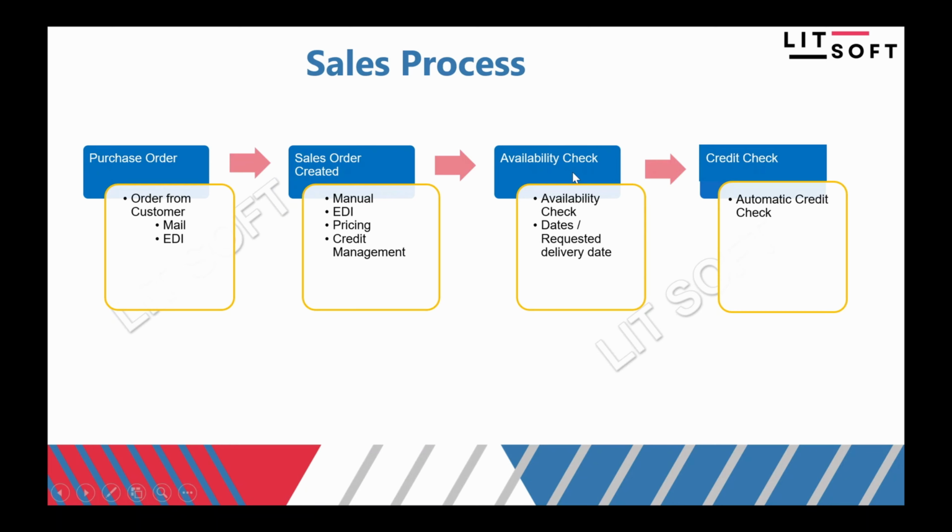Now within the sales order, we have a number of areas. You can see the availability check, whether the material is available, the requested delivery date, what the customer is asking for, and the pricing we agreed on. Are there any discounts, any advance payments, billing plan milestones, or credit management, bill of material?